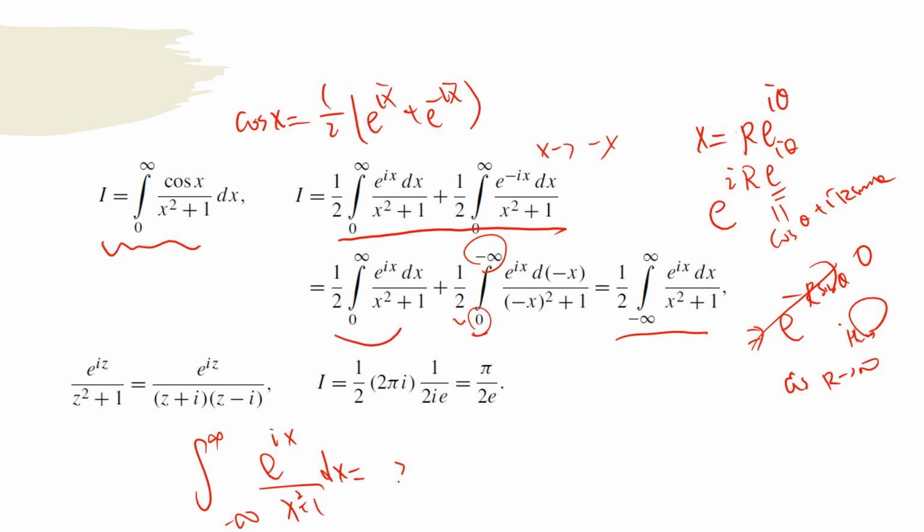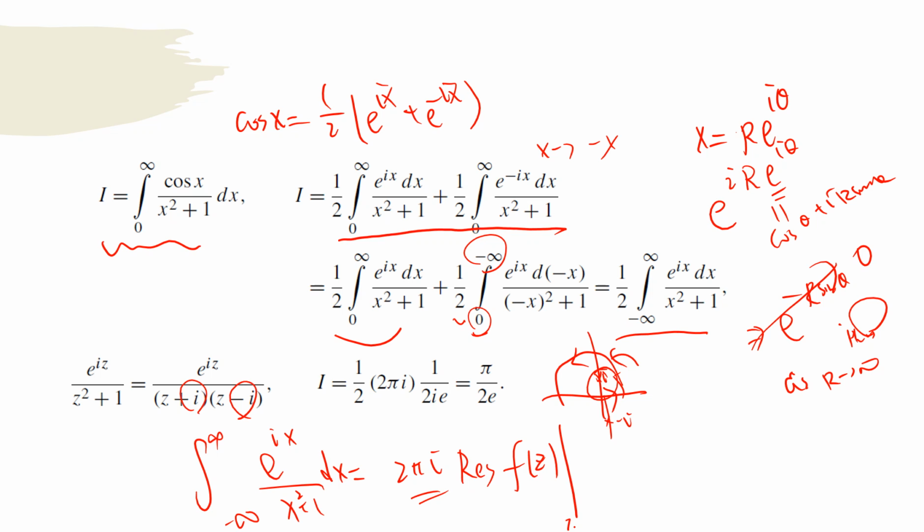It will just become 2 pi i times the residue in the upper half plane. There are two singularities, one is i and one is minus i. Since we only take the upper half plane, we only care about i. So we take 2 pi i and the residue of this function f of z at z equals i, which becomes 2 pi i times 1 over 2ie.